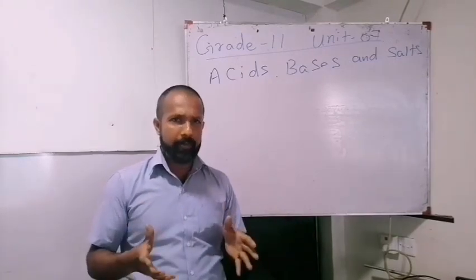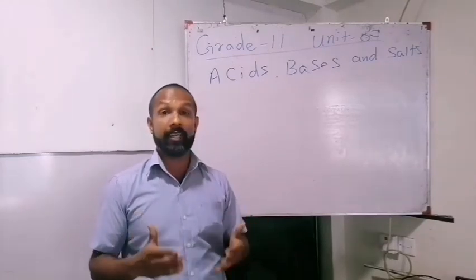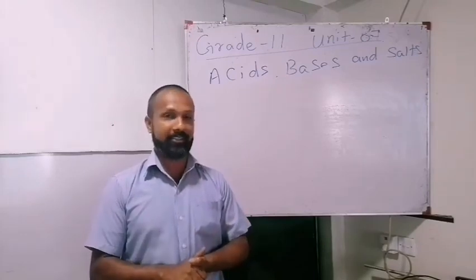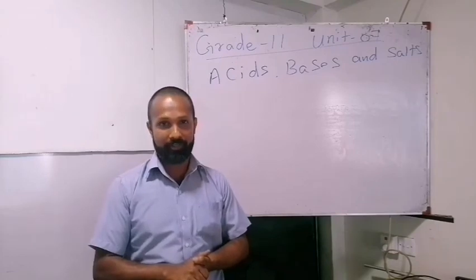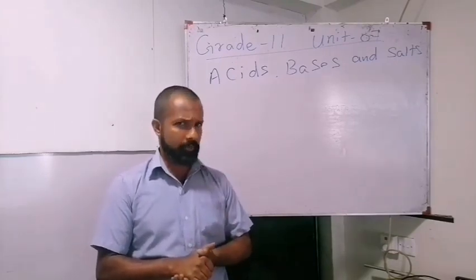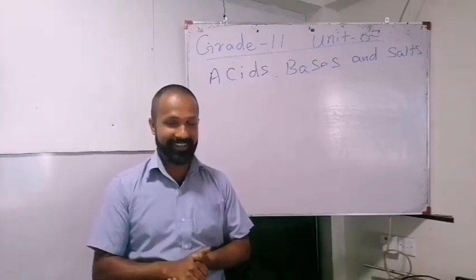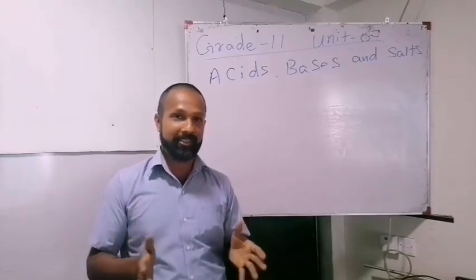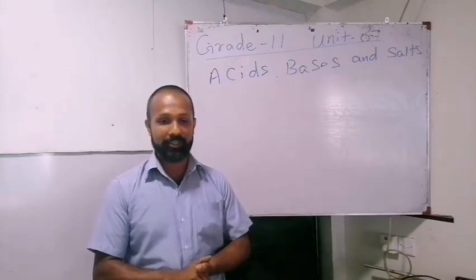So you can remember all these components that we use in our day-to-day life can be classified into 3 categories as acids, bases and salts. And also, there is another component. What are they? They are indicators. What are called indicators? Indicators means the substances that we use to identify acids, bases and salts.